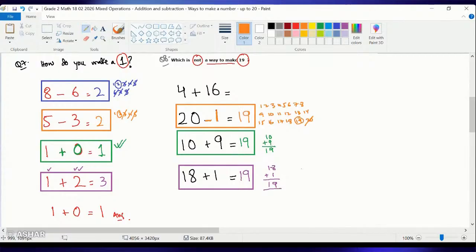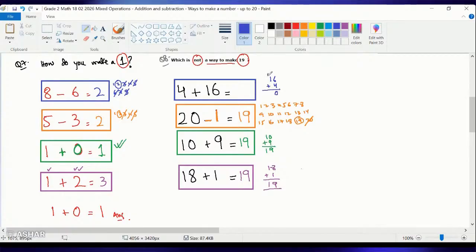Yes, thank you, May. That means the first option should be our answer, because option 2, option 3, and option 4 are 19. Let's verify. 16 plus 4. 6 plus 4 is 10.